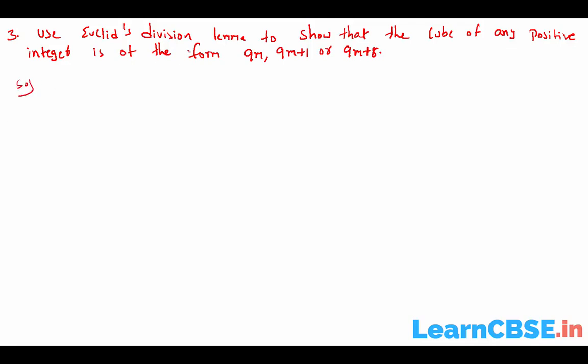He is asking to prove that if you cube any positive integer, it should be in the form of 9m, 9m plus 1 or 9m plus 8. That means 1 cube, 2 cube, 3 cube, 4 cube, so on. Any positive integer cube should be in the form of 9m, 9m plus 1 or 9m plus 8.